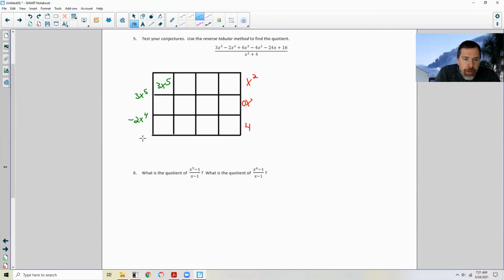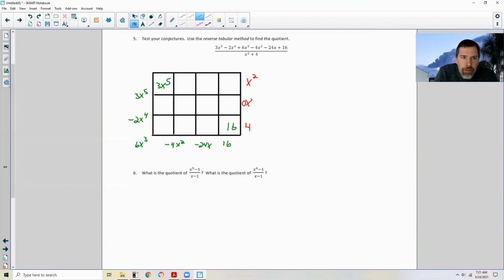And these 3 are going to give me 6x cubed. And these 3 are going to give me negative 4x squared. And these 2 are going to give me negative 24x. And this one is going to give me 16. So I'm going to put a 16 here.